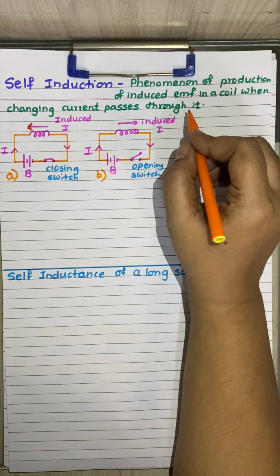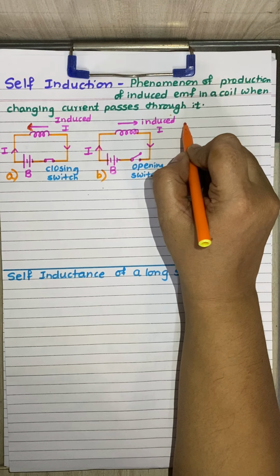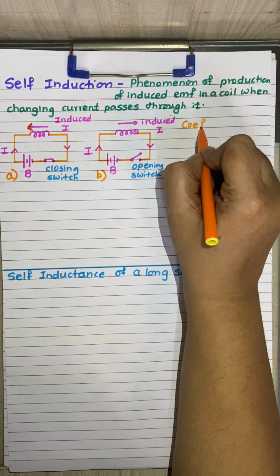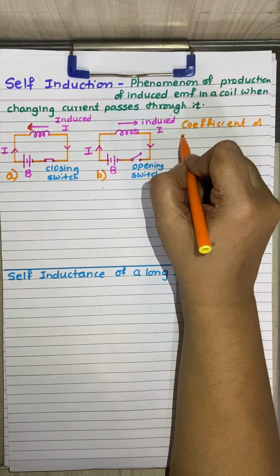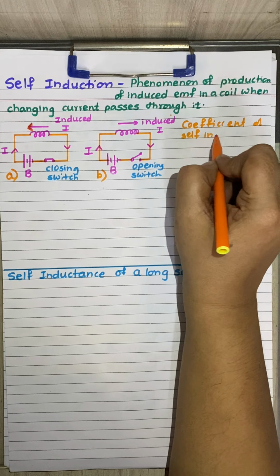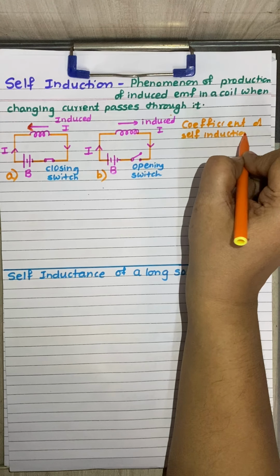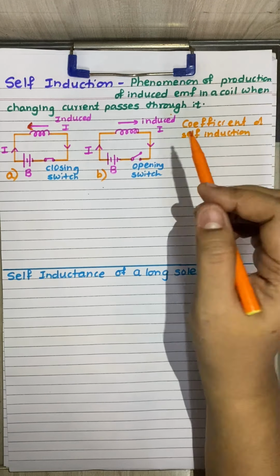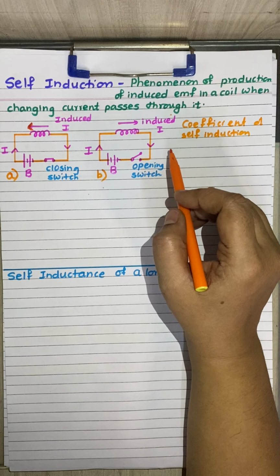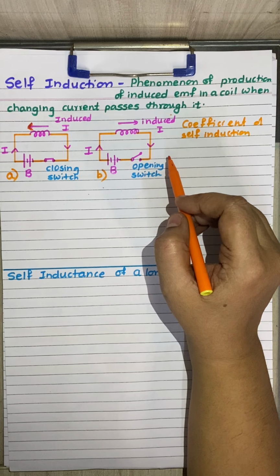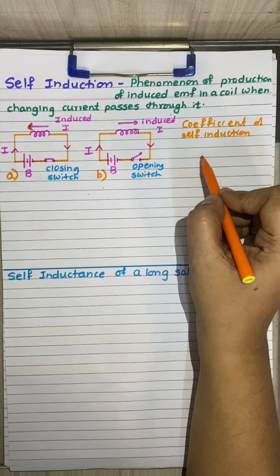Now we have to consider what is meant by the coefficient of self-induction. So I'll write here coefficient of self-induction. Okay, now as we are saying, at any instant of time t, the flux phi, that is the magnetic flux linked with the coil, is proportional to current.